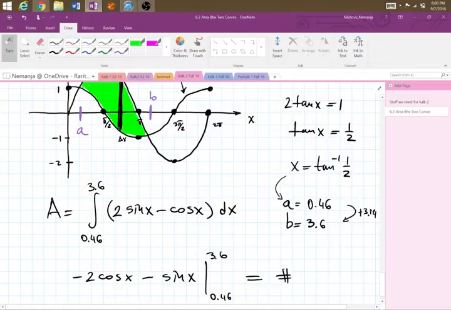You integrate and figure out the limits. The same goes for problem 8. You have a secant squared function and a cosine squared function. Cosine is on top, secant is on the bottom. When you subtract them, it has to go top minus bottom. Again, intersect the two functions to find the limits.